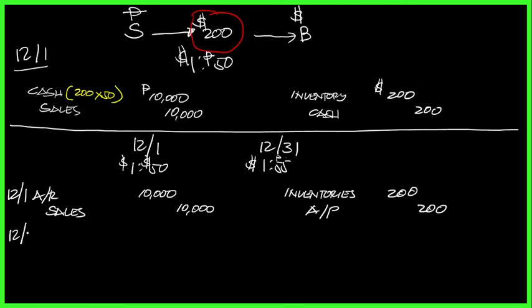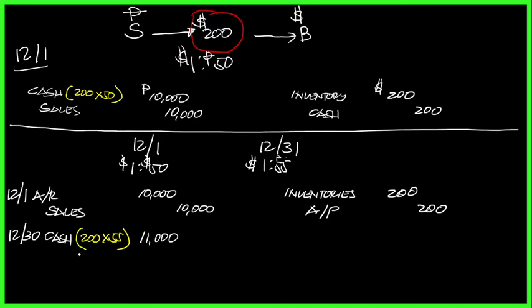Now, as of December 30, at the date of collection in the books of the seller, there will be a debit to cash. How much are they going to receive? As of December 30, $1 is equal to 55. So the value of the peso went down, the value of the dollar went up. This $200 will now be measured using 55 pesos. You multiply 200 times 55, and this will be 11,000.